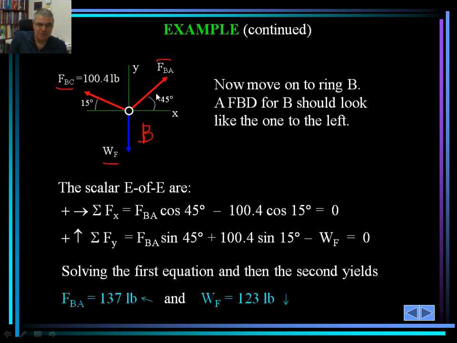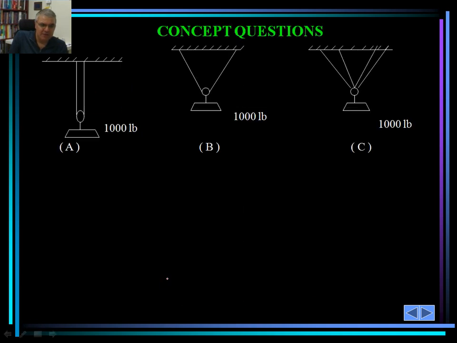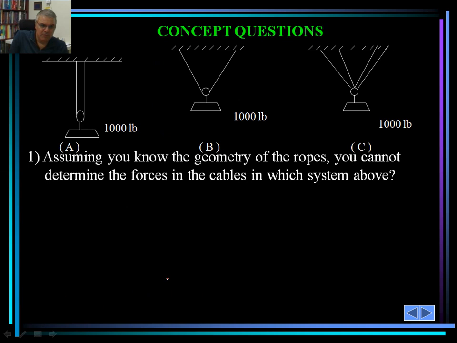And then there's also the Y component of F sub BA acting upward. So we set up these equations and solve them simultaneously to find the answers to our unknowns.